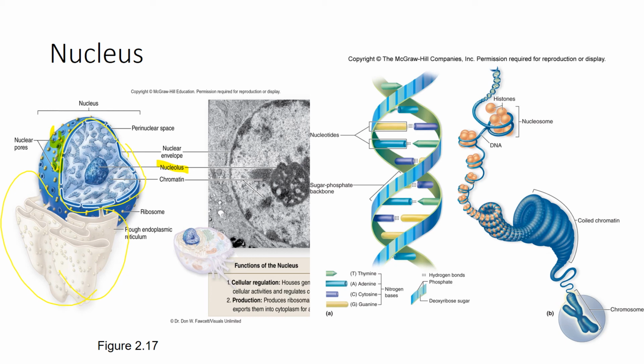When the cell is not dividing, the nuclear DNA is wound into these fine filaments called chromatin right here. This helps to increase the surface area, again, so that we can have a lot of genetic information. During cell division, the chromatin is going to coil tightly, and so we'll have chromosomes.